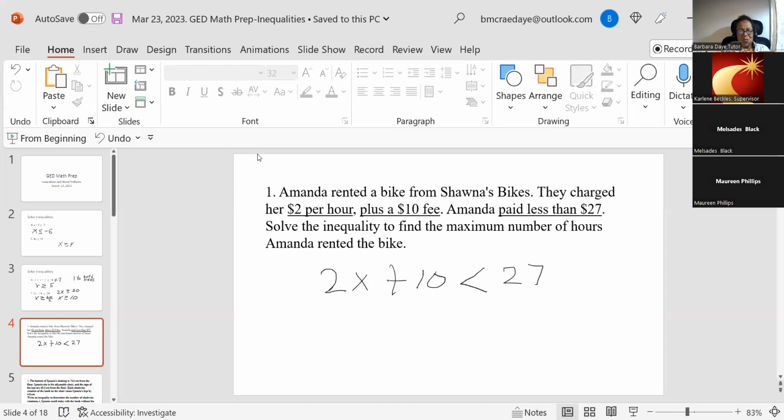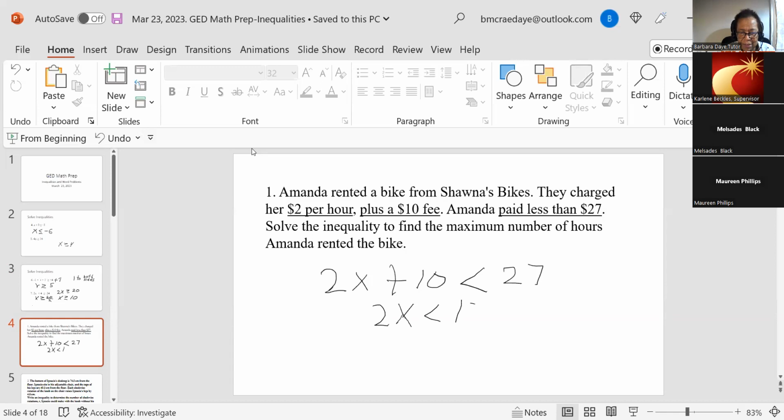So it'd be 2X less than what? 27 minus 10, Maureen. 17.